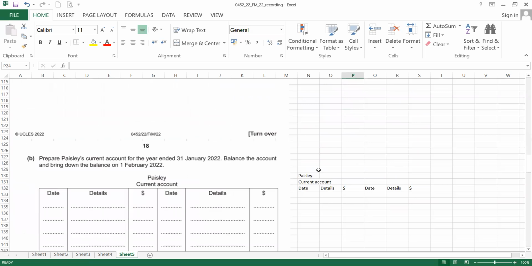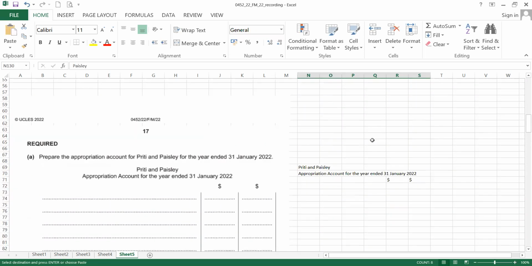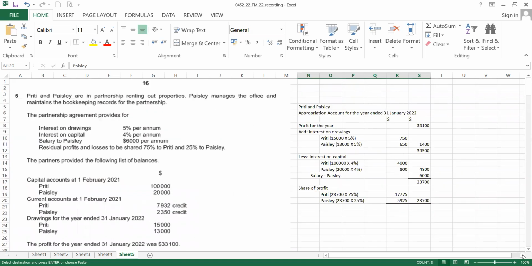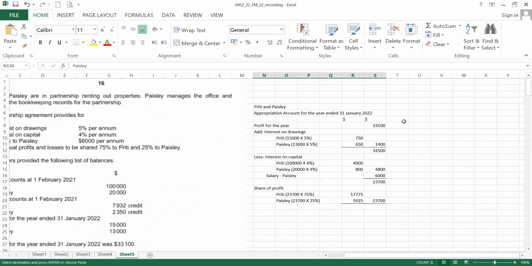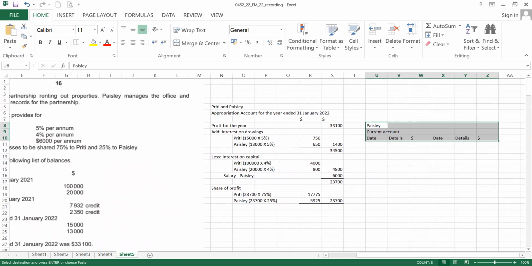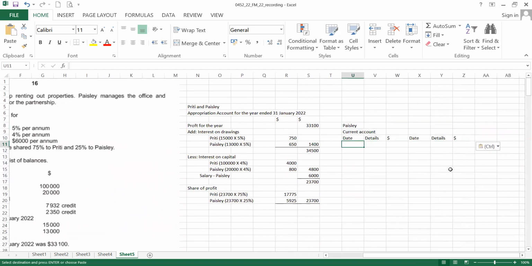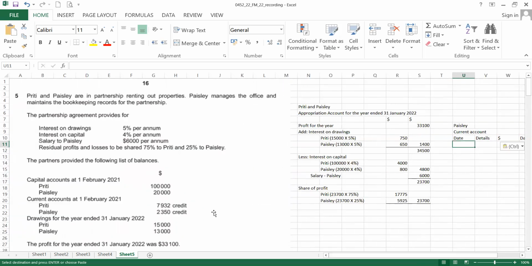Okay, now next is what they ask for. They ask to prepare the current account and bring down the balance. Let's prepare the current account. I put it side by side so that I can see. Beginning of the year, what is the amount? Parsley is credit 2,350.